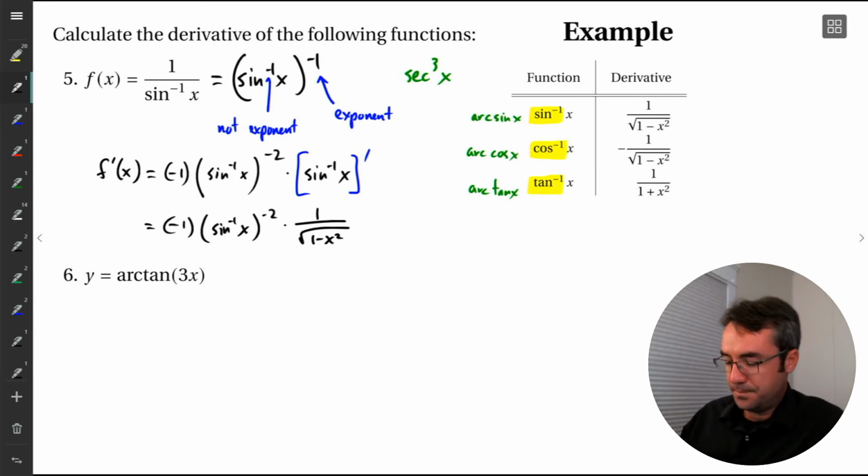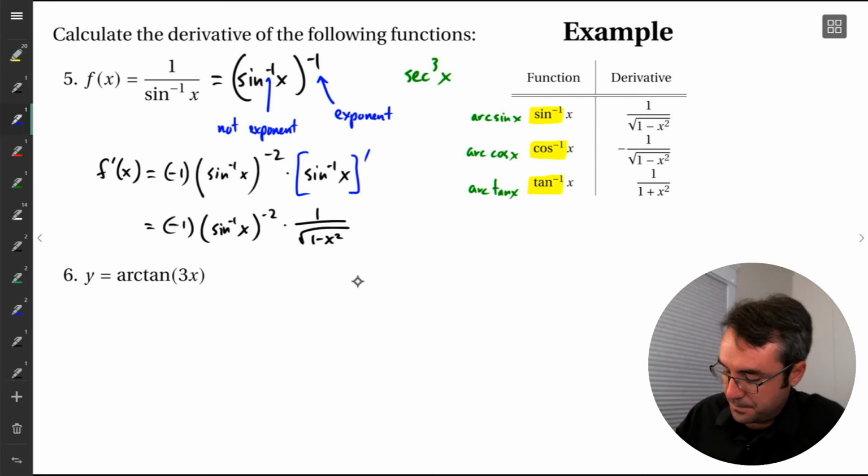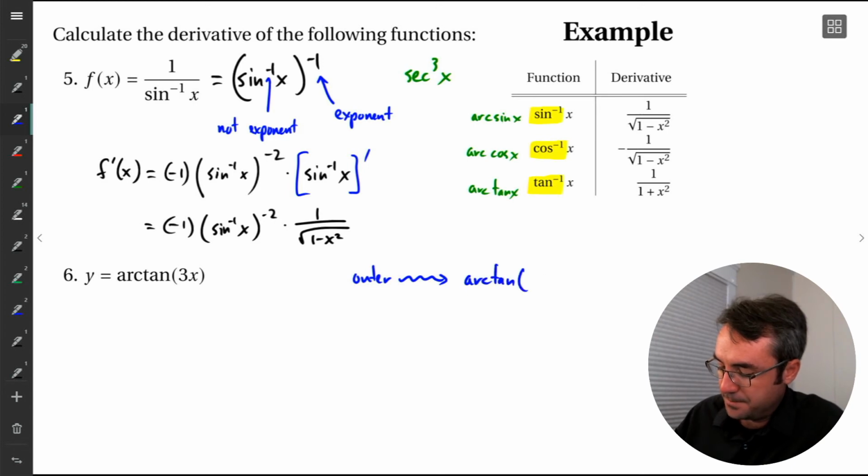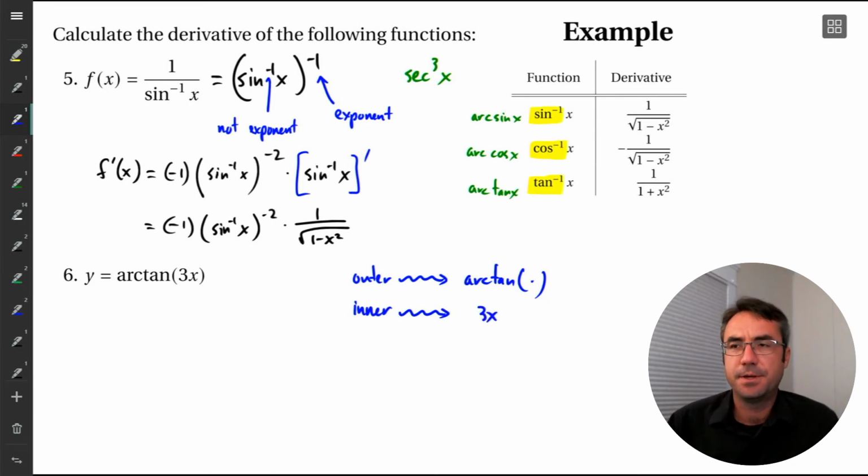So my outer function is arctan, or inverse tan, and my inner function is 3x. All right, pretty good.